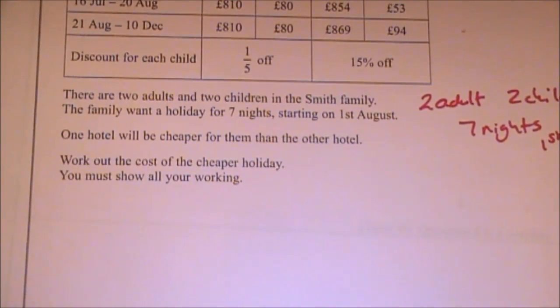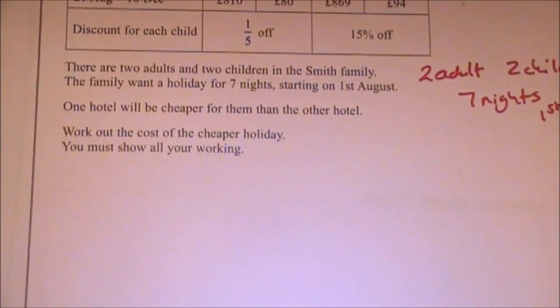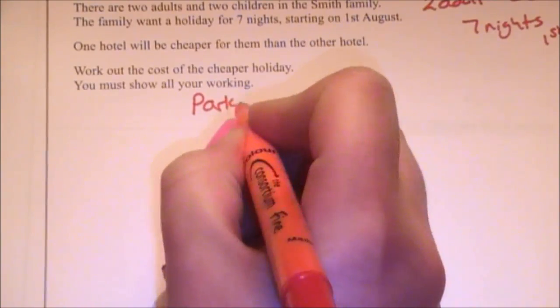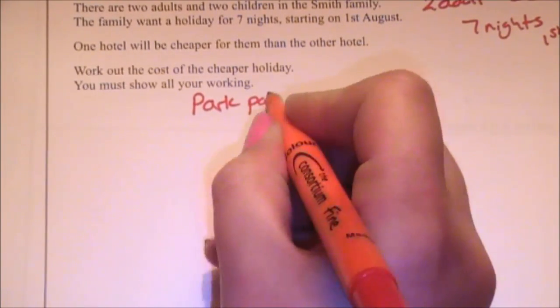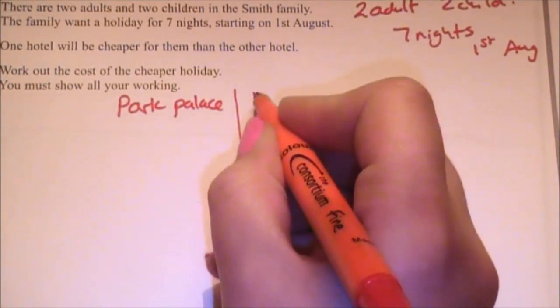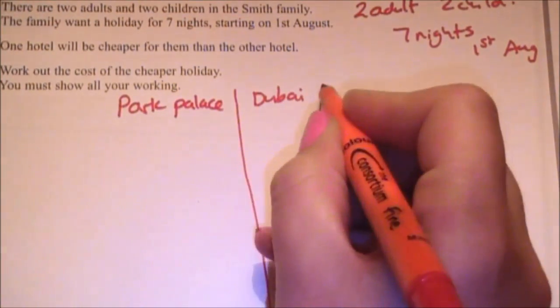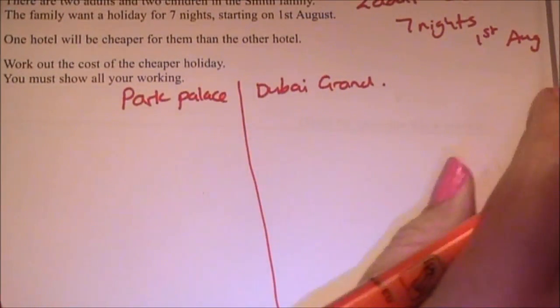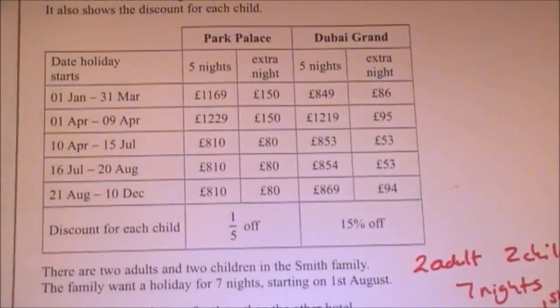Now the first thing I'm going to do is split my page into whatever it is I'm comparing. So the first hotel I'm comparing is Park Palace, and I'm comparing it to the Dubai Grand. And I'm going on the 1st of August, so I'm going to look at my table.